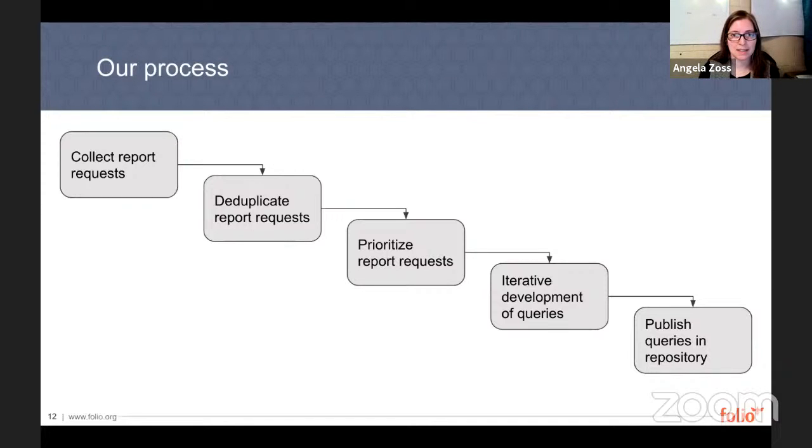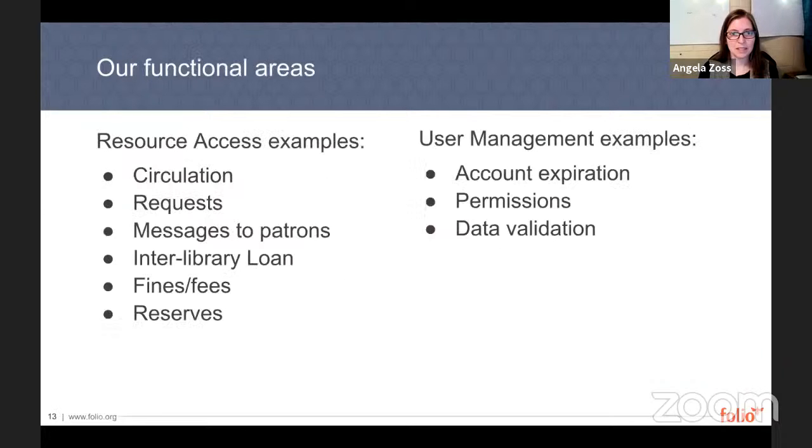And our group meetings are definitely all about sharing and learning from each other and getting better at the query writing and development process, and figuring out how to create queries that are going to be easy for the broader FOLIO community to run and to use. In general, the queries that we're writing in resource access and user management cover a series of broad categories.